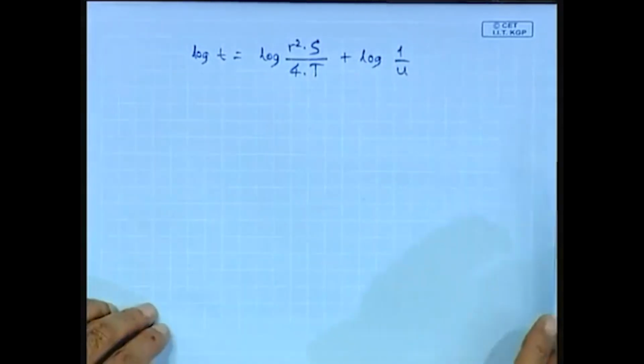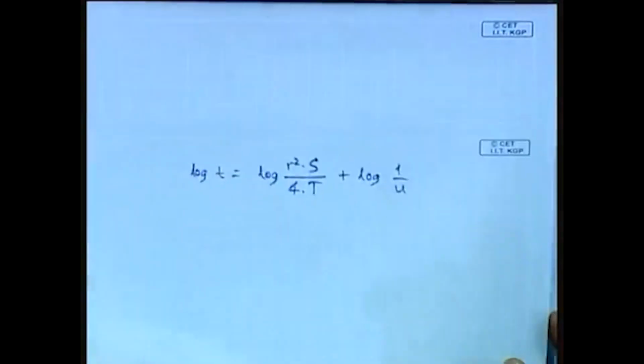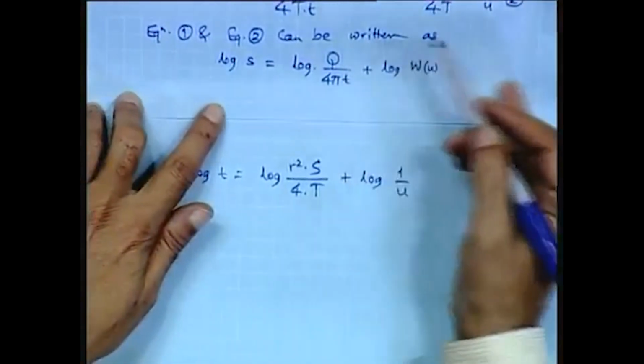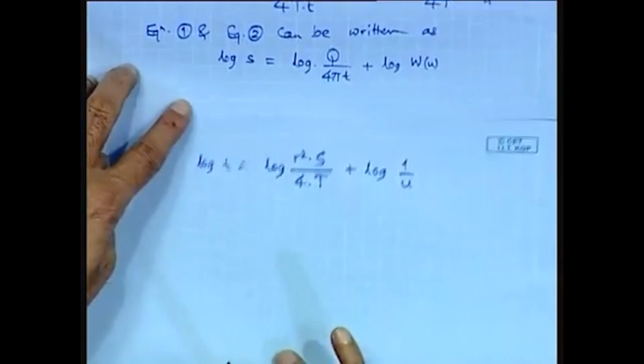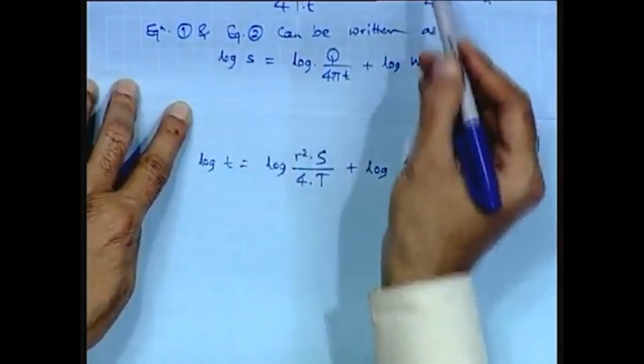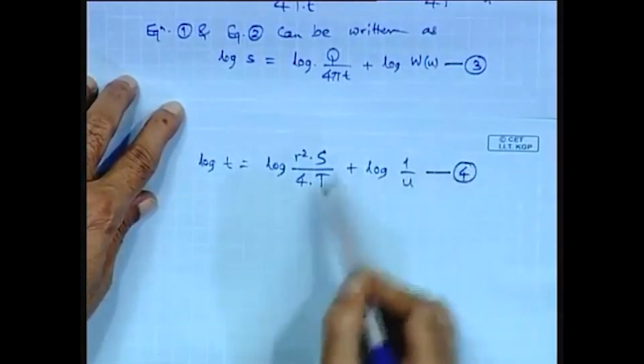So these are the two equations. Let us denote the first as equation 3, which is simply the logarithm of equation 1, and this is equation 4, which is the logarithm of equation 2.